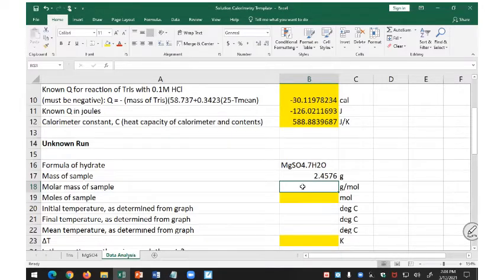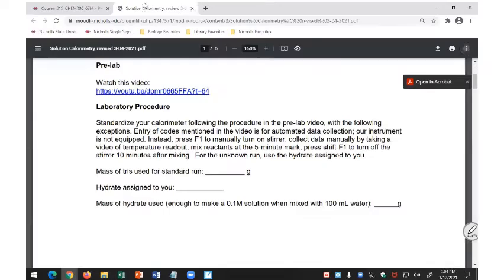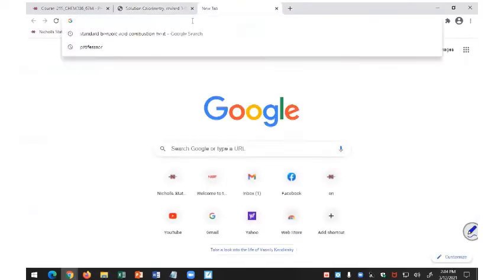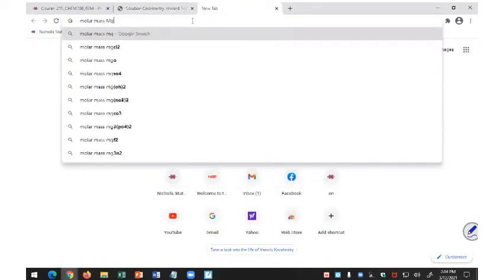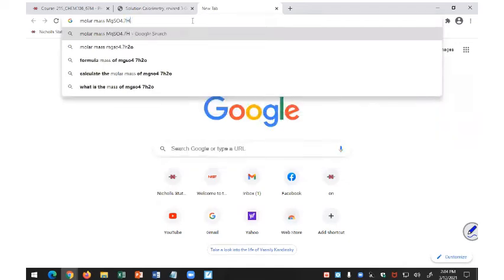What's the molar mass of magnesium sulfate heptahydrate? 246.5 grams per mole. Let's put one more sig fig because we got 5 sig figs in our mass. It's 246.50. That's very fine. Molar mass of magnesium sulfate heptahydrate.